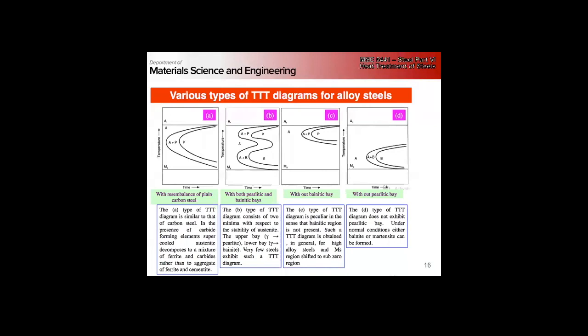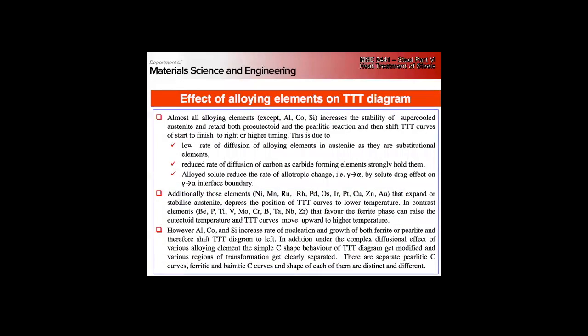But leading up to that, if I give you a TTT diagram, I would expect you to understand what the effect of different alloying elements is going to be. Virtually everything, no matter what you put in it, is going to shift it to the right. What does that mean?